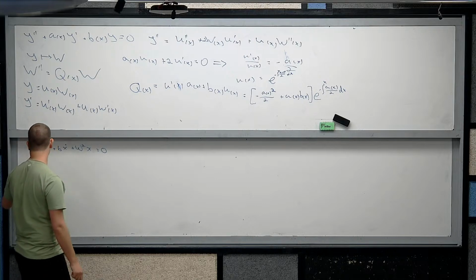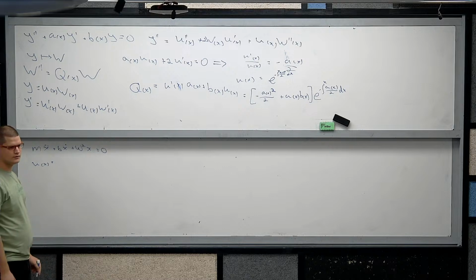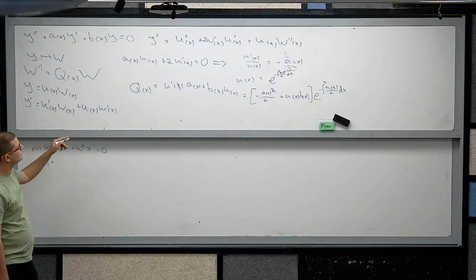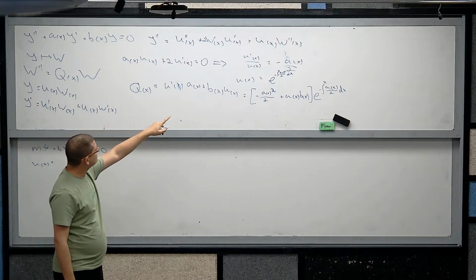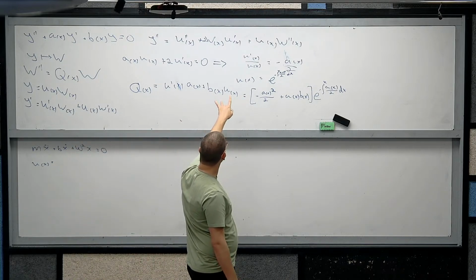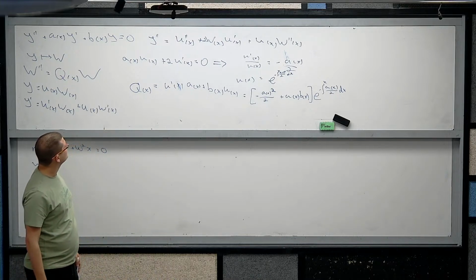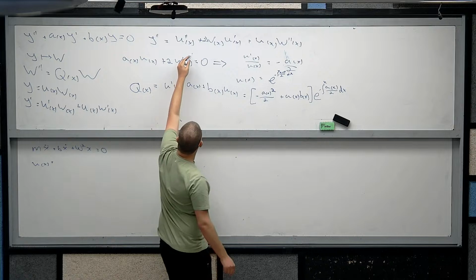So first thing first, what is u of x for our case? A is just cross. Wait a second. Wait, did I miss something? No, I'm okay. B squared. W of x.